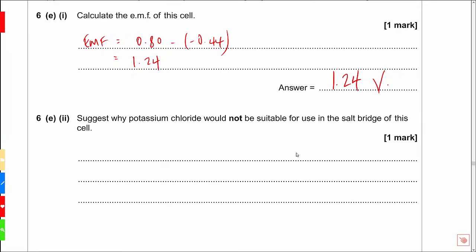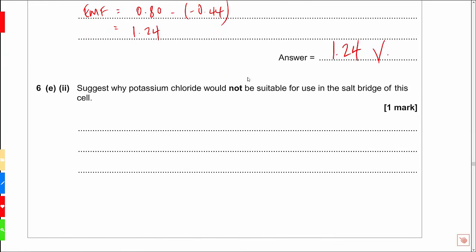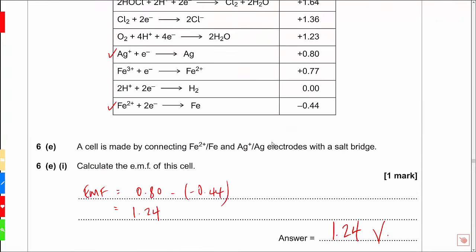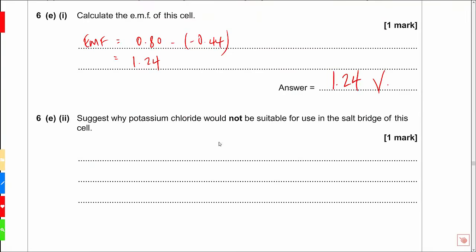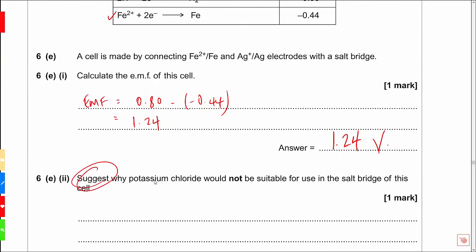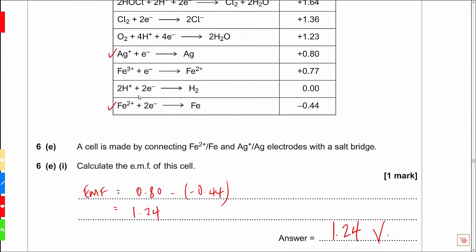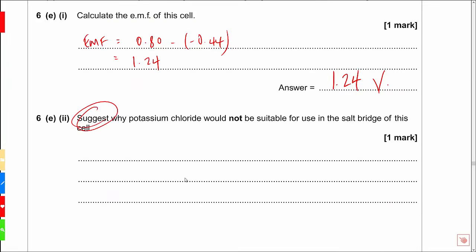Oh dear, still keeps going, this question. Suggest why potassium chloride would not be suitable for use in the salt bridge of this cell. Okay, this is a suggest question, which means you've got to use your scientific brain to work an answer out. It's 1 mark. If you can't get it, don't worry about it. We've got chloride ions and we've got silver ions. Silver chloride precipitate would be formed.